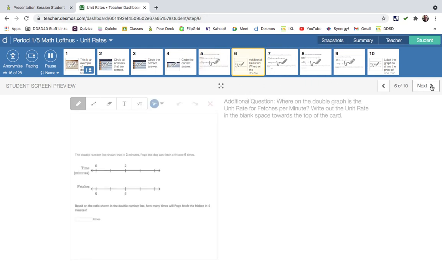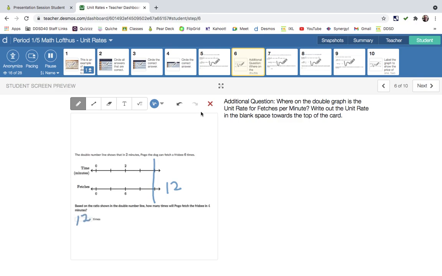Let's go to number 6. It says, based on the ratio of the double number lines, how many times will Pogo fetch the Frisbee in 4 minutes? So what we're going to do is double the time from 2 minutes to 4 minutes. And so we would double the fetches from 6 to 12. So that is 12.